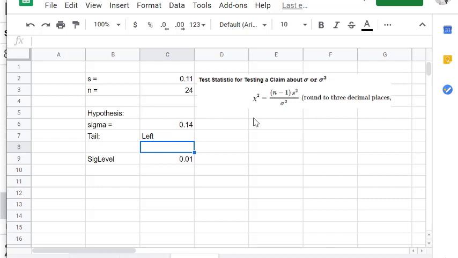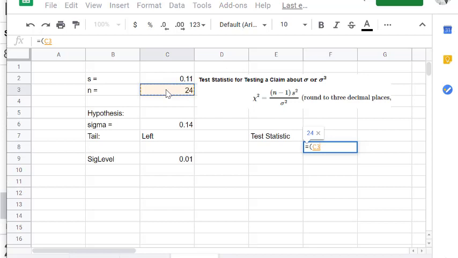Okay, I think we should be set to find our test statistic. Our test statistic is going to be a chi-square test statistic, and this is going to equal, according to this formula, n minus 1, so it's 24 minus 1, close parentheses. We want to multiply that by s squared, and then we're going to divide by sigma squared.